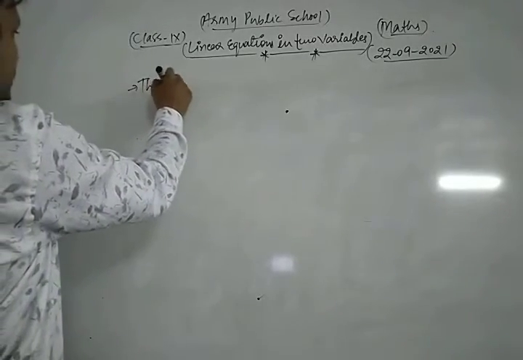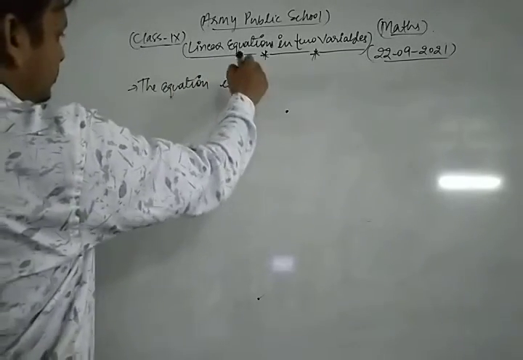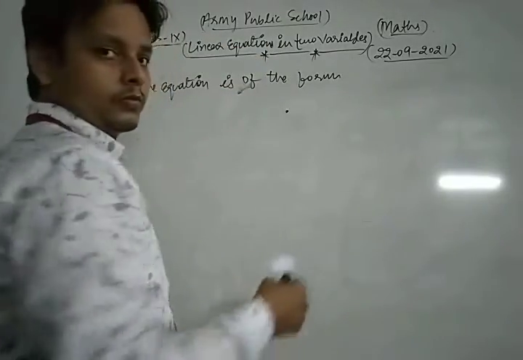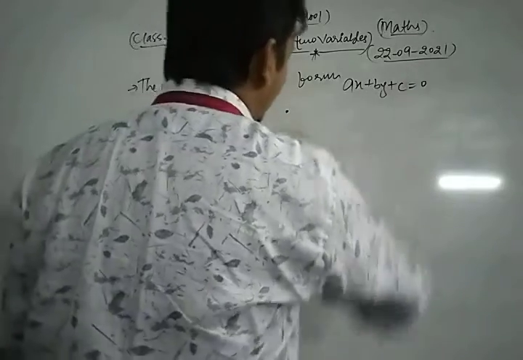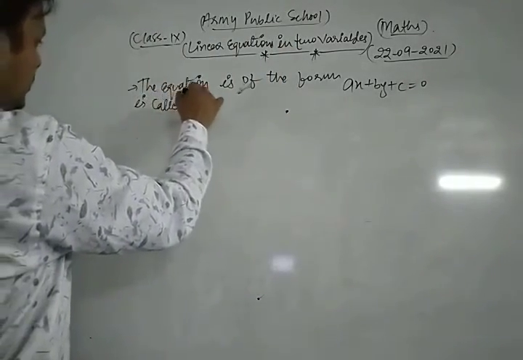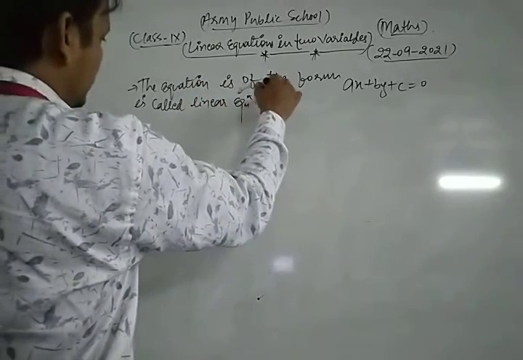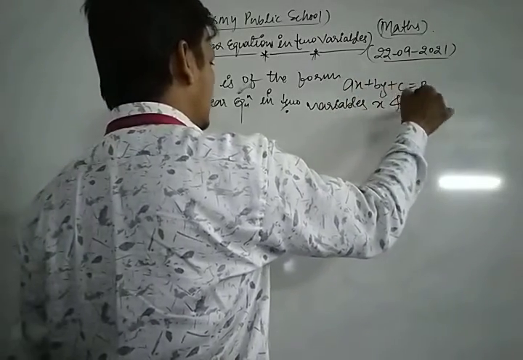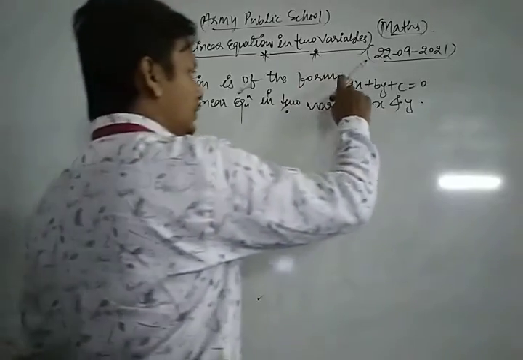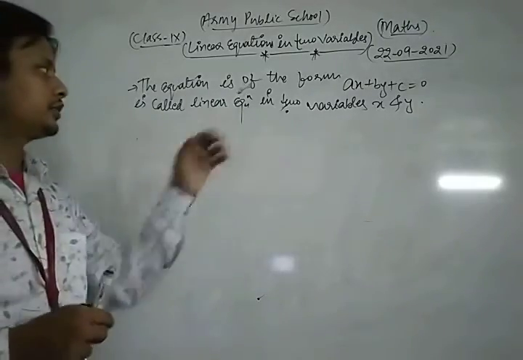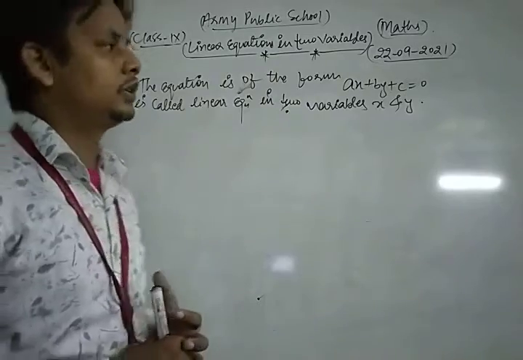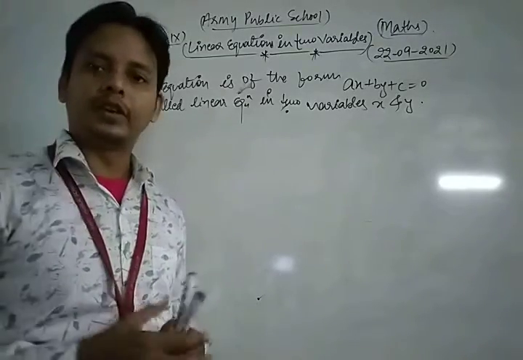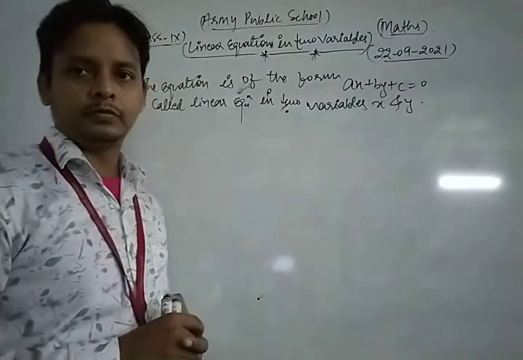Dear students, the equation of the form ax plus by plus c is equal to 0 is called a linear equation in two variables x and y, which is very important.